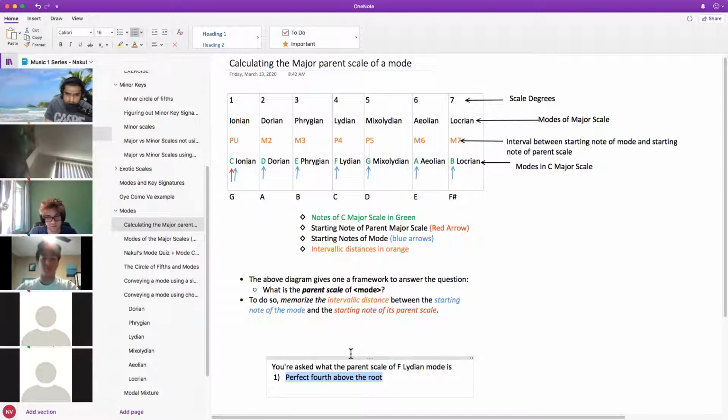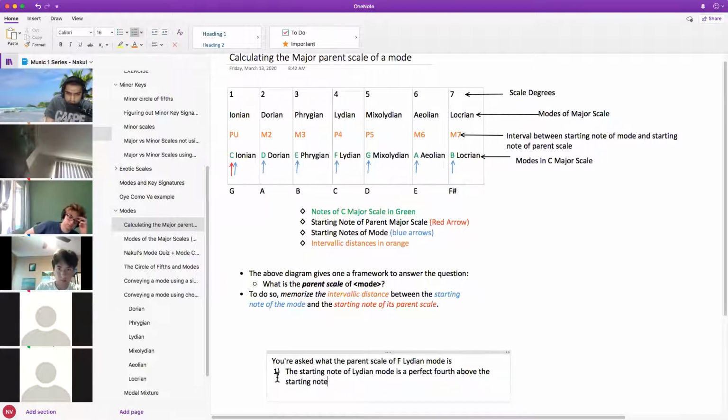So the starting note of F Lydian mode is a perfect fourth above the starting note of its major parent scale. Okay?